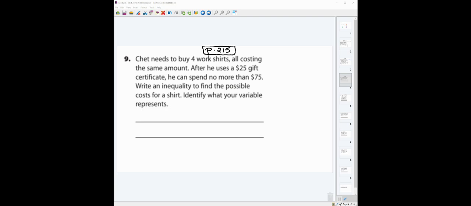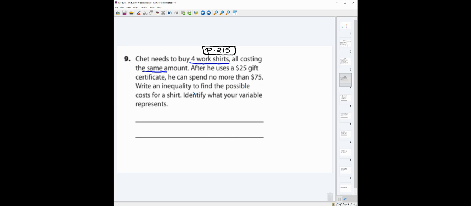Let's take a second, think about what is the important information in this problem and how can we set up our inequality. So Chet needs to buy 4 work shirts. That must be important information. They all cost the same. After he uses a $25 gift card, he can spend no more than $75.